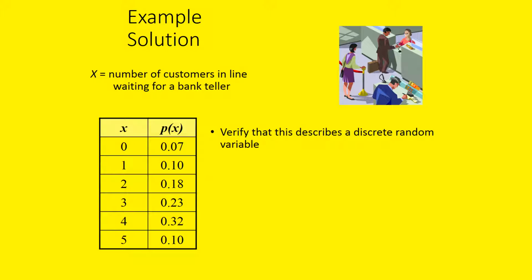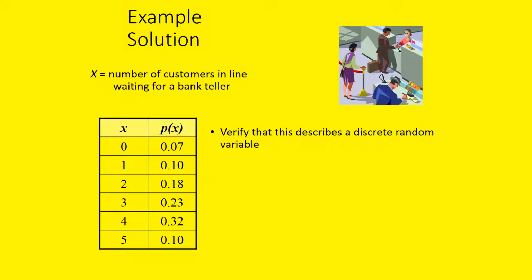So here's another example. X is the number of customers in line waiting for a bank teller. And here's a probability distribution, or a would-be probability distribution. Verify that this does describe a discrete random variable. Okay, well, it's not continuous. It is a random variable.